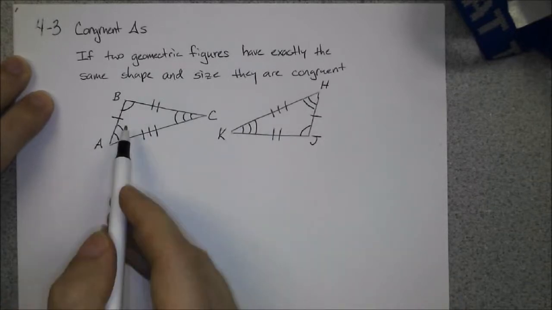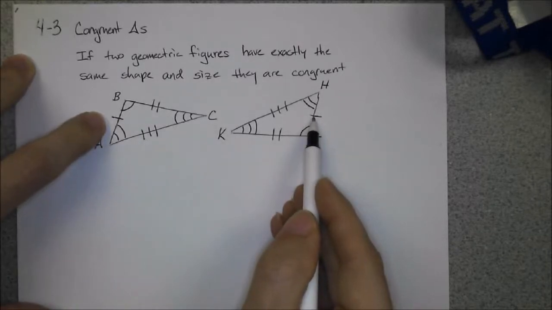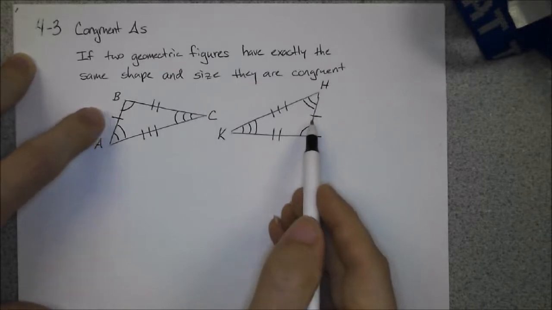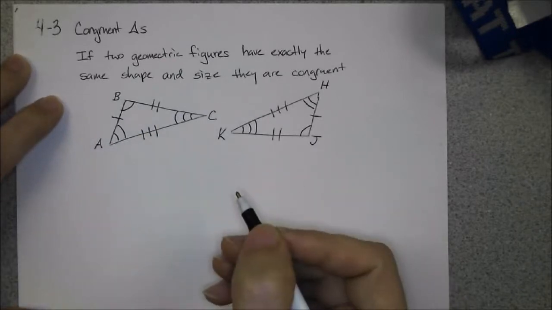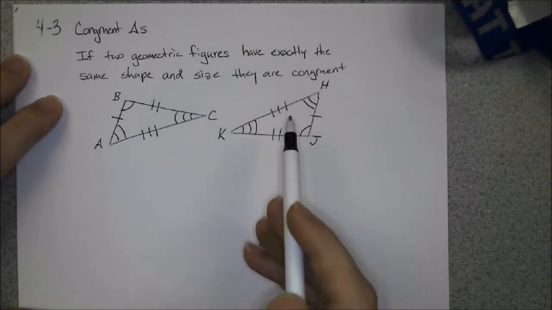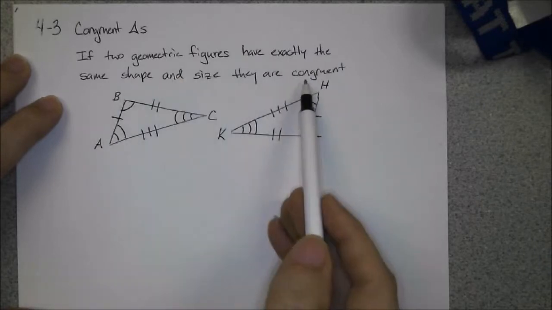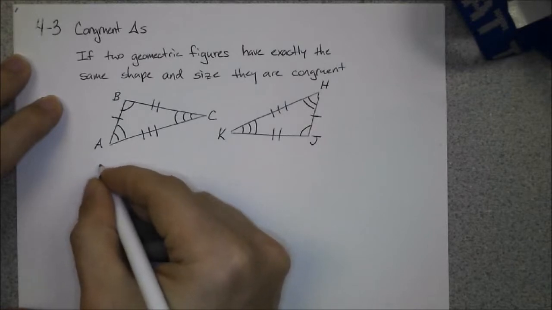Keep in mind that if you have a mark and it's the same mark on two parts, that means these are corresponding congruent parts. So that means this is the same measure as this, this is the same angle as this. So what we're going to do is identify all the parts that correspond, and if they have exactly the same shape and size, they are congruent. So first thing we'll start with is corresponding angles.